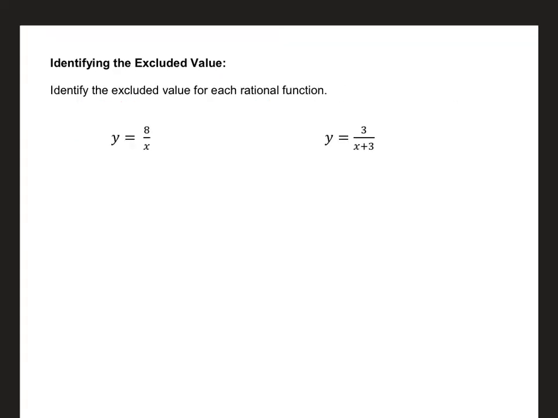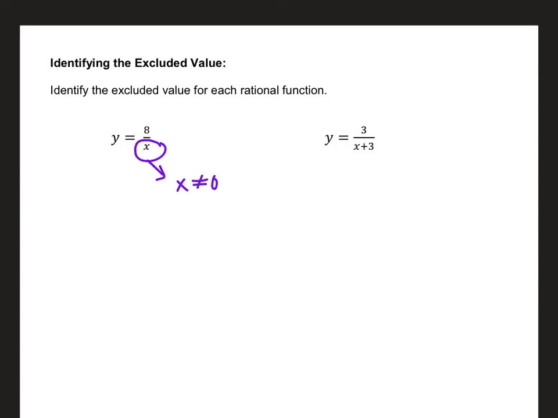So we're going to be asked to identify excluded values. Here we have two rational functions. What you want to remember is that it all comes down to the denominator, so we have to make sure that our denominator doesn't equal 0. The easiest thing to do is to circle that denominator, and whatever it is, we have to make sure that it does not equal 0.